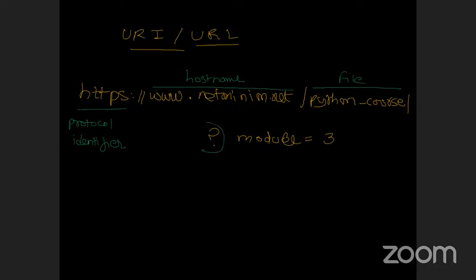And whatever comes after your question mark, there is something known as a query string. This query string has two things: one is your parameter, and the second is its value.